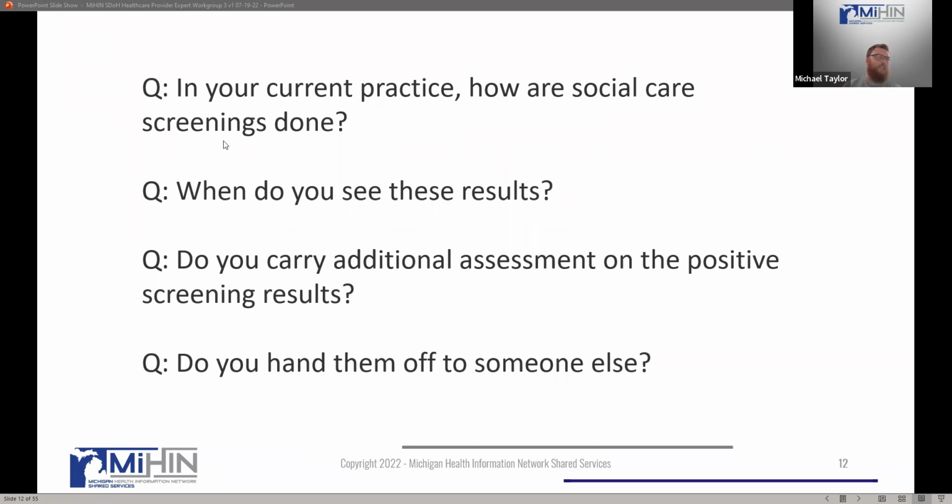And then once it's collected, if it wasn't somebody who would be doing an assessment after that, when do they see the results? Let's stick with those two.